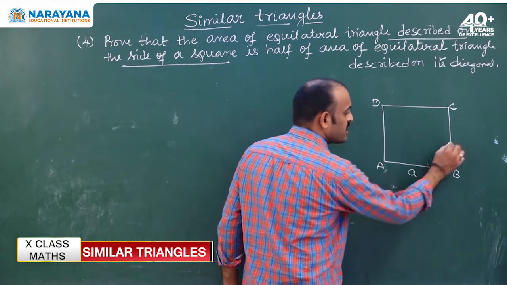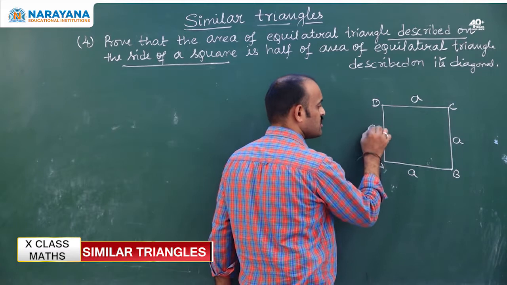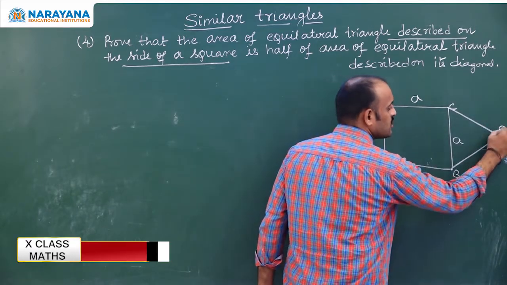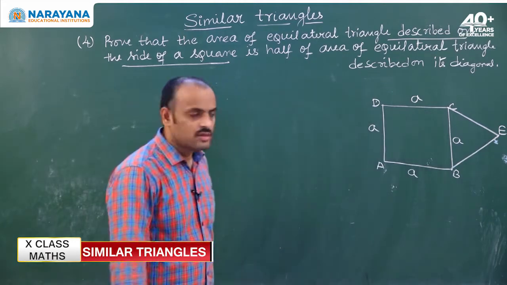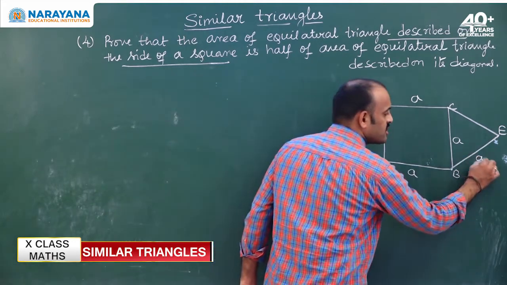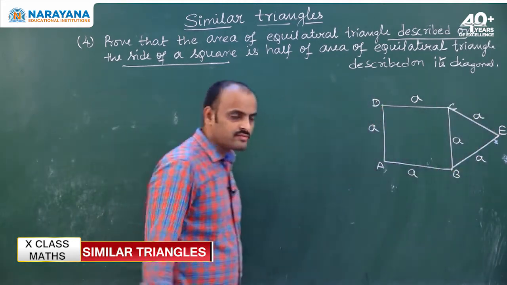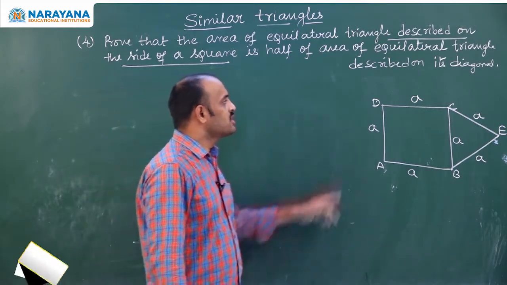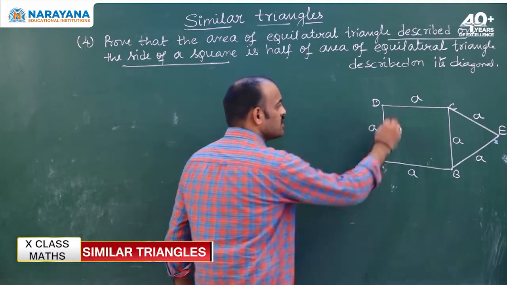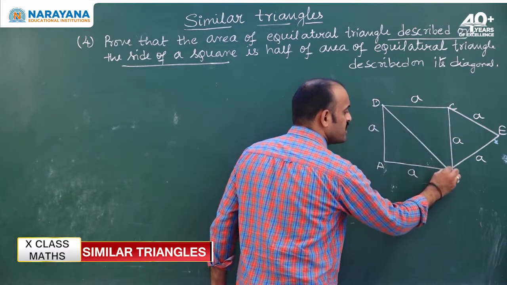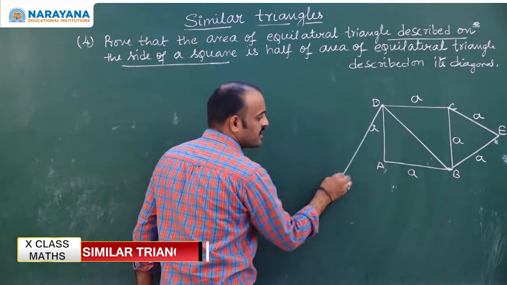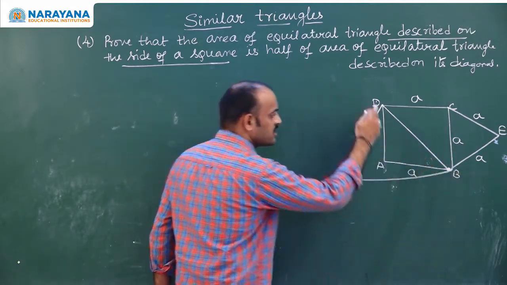Let the sides be A units. I am drawing the equilateral triangle on this side. That means all the sides are A. One more equilateral triangle I should describe on its diagonal. So, BD is the diagonal. I need to describe an equilateral triangle on this BD.